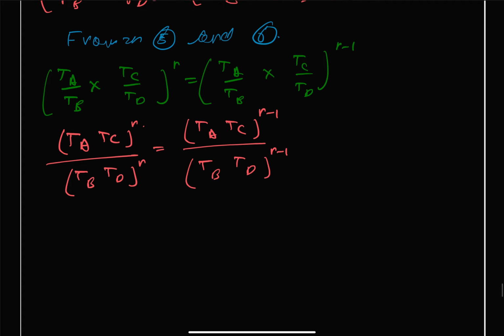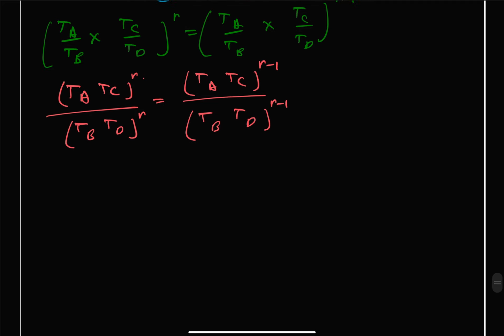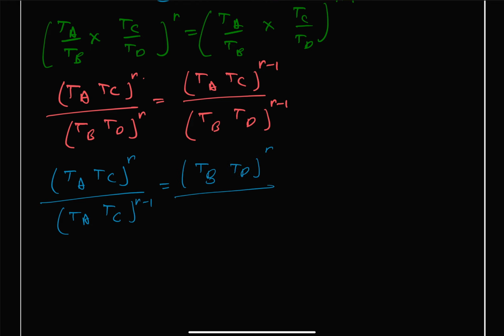Let us swap the ratio. So we can write this as TA TC gamma divided by TA TC gamma minus 1 is equal to TB TD whole raised to power gamma divided by TB TD gamma minus 1.